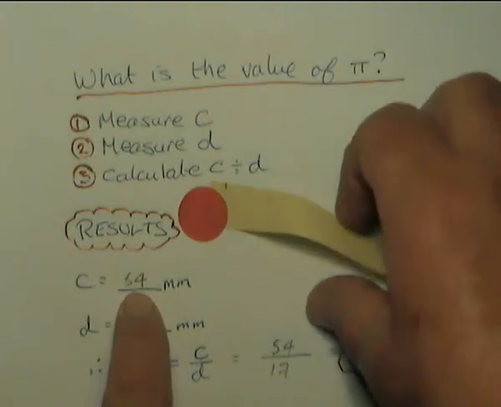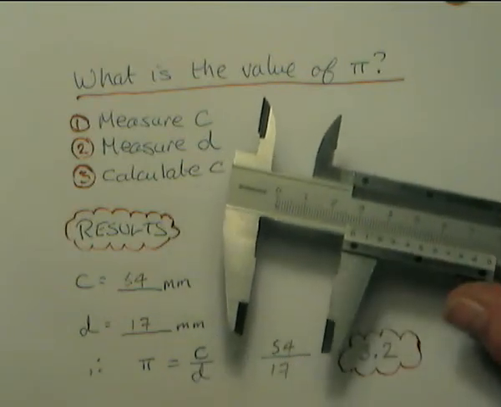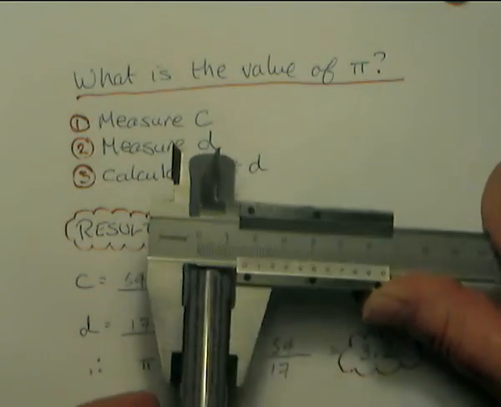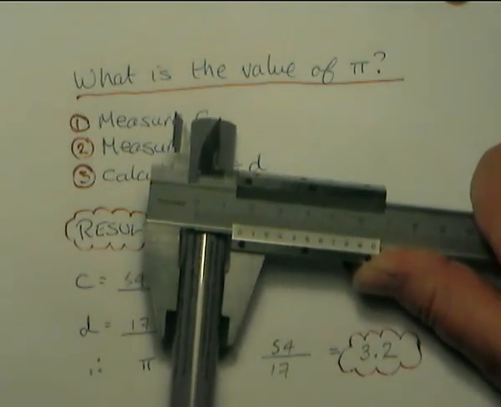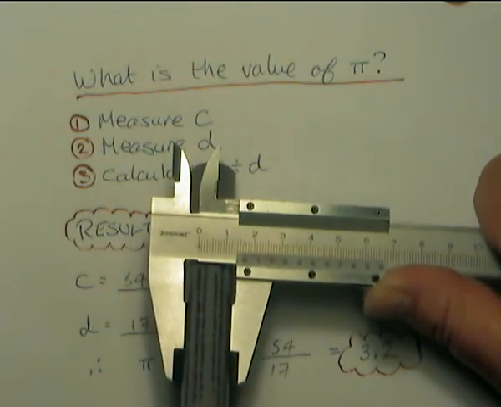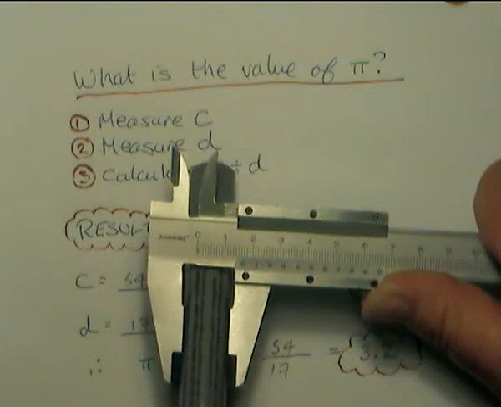Now the next thing I did was take these vernier calipers and do a very quick measurement. Put that across there, and you can probably see better if I tip it like that. To the nearest millimetre, it's about 17 millimetres.